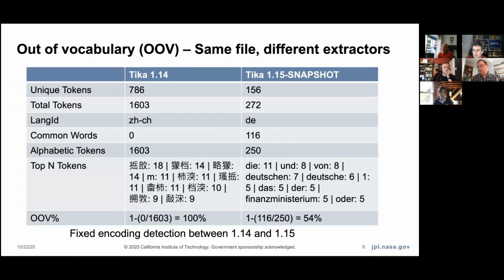But OpenNLP has done some munging on that data to make it available so that you can get 120 languages of one sentence per row, I think, text files. And that was extremely useful for this. I had initially used Wikipedia dumps in our first version of this, and I think I captured like 60 plus languages with that. But Tika eval is now using the Leipzig corpus for the common tokens. Hope that answers your question there, Audrey.